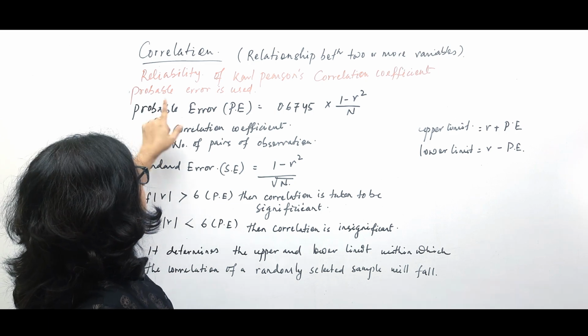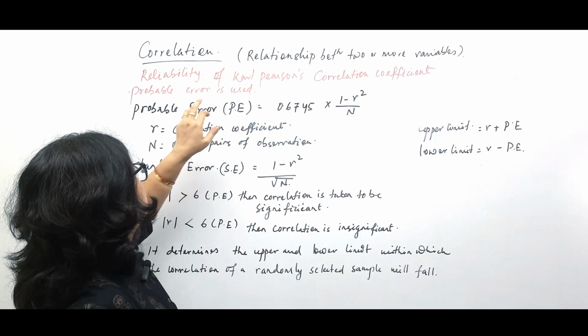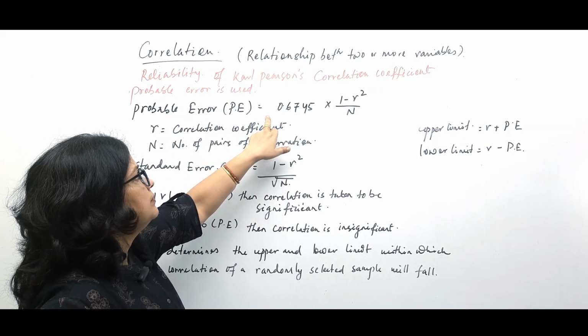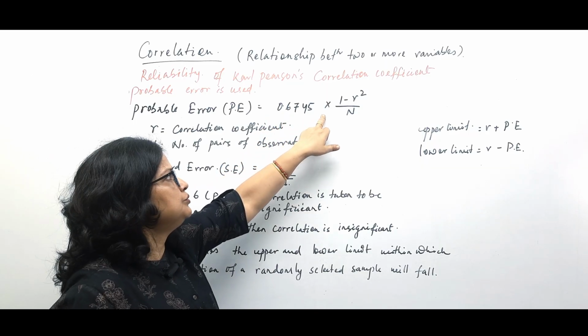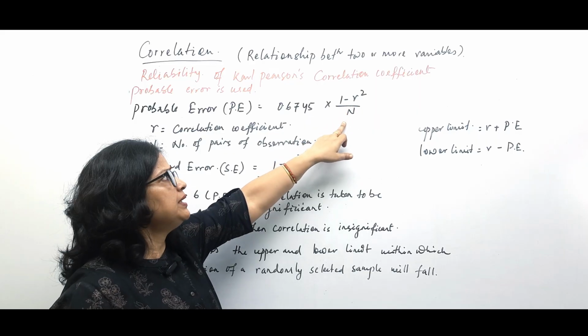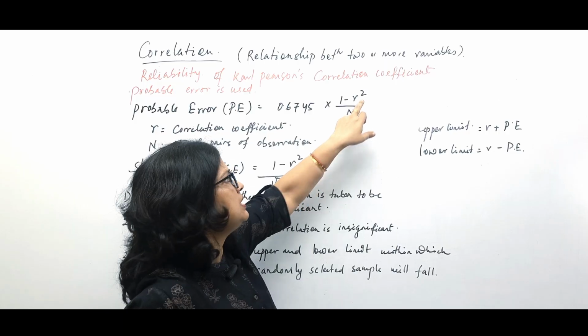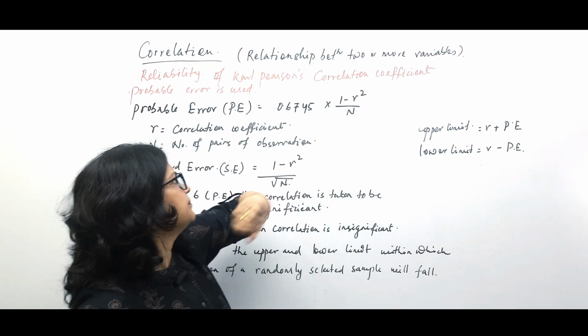To find reliability, we take the help of probable error. Probable error is equal to 0.6745 into (1 minus r square) by n. r is our Karl Pearson's correlation coefficient. n is the number of observations given in the question.